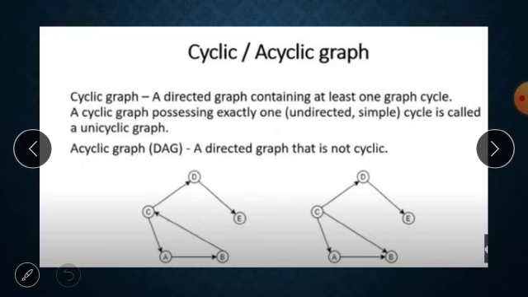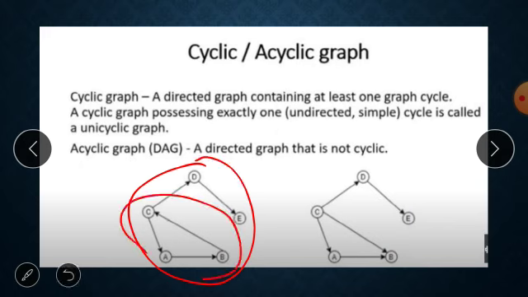And then cyclic and acyclic graph. A cyclic graph contains at least one graph cycle. Exactly one undirected simple cycle is called a unicyclic graph. And then the acyclic graph, that is DAG, is a directed graph that is not cyclic. So this is about the cyclic graph.